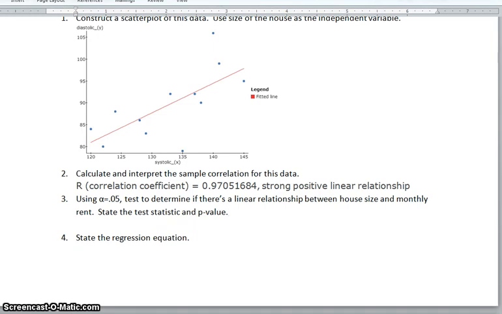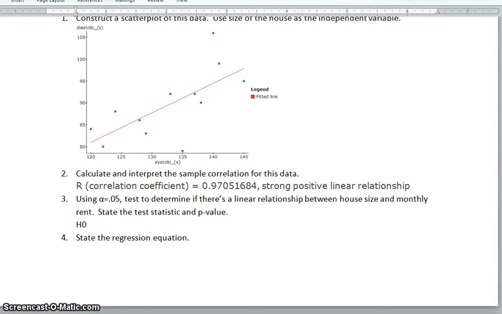Number 3. Test to determine if there's a linear relationship. Now, we know that in the data there's a strong positive linear relationship. We said that already. But the question with the hypothesis test is, can we determine that there is a linear relationship in the population?